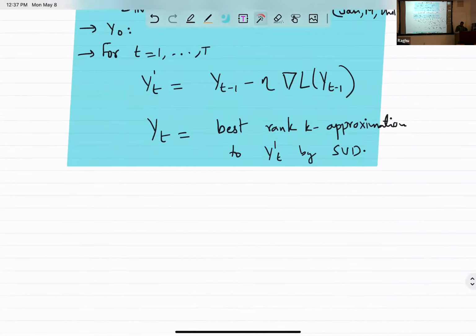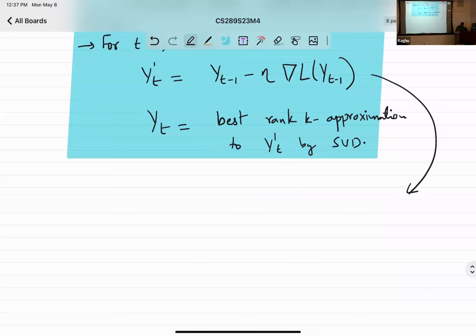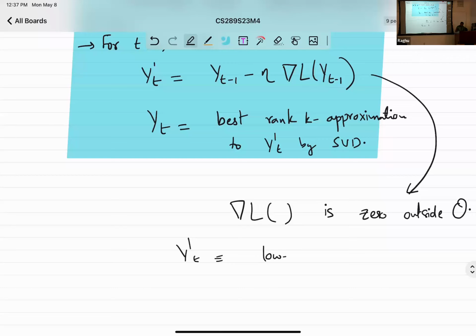So the gradient is 0 outside O. So in some sense, y prime t is going to be a low rank matrix minus a sparse matrix. Sparse meaning most of the entries in the matrix are 0. It's only non-zero when things are in O, but that's only 1%.